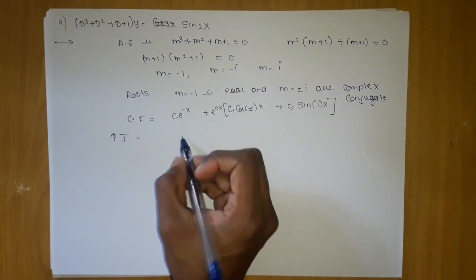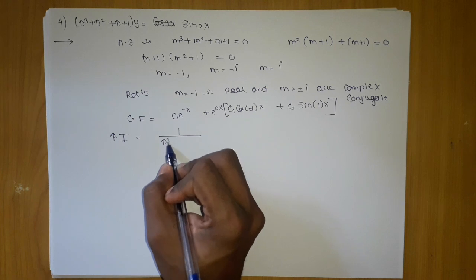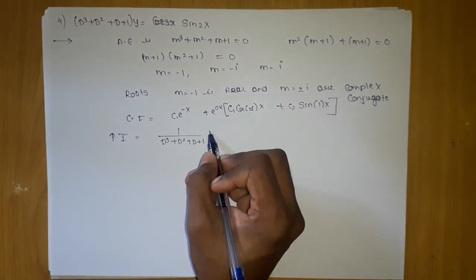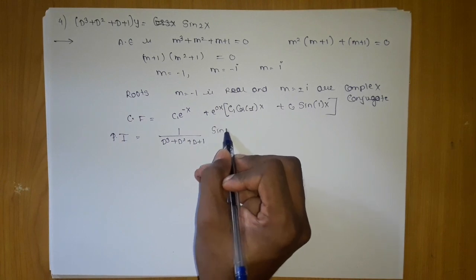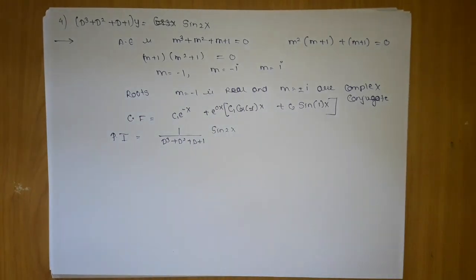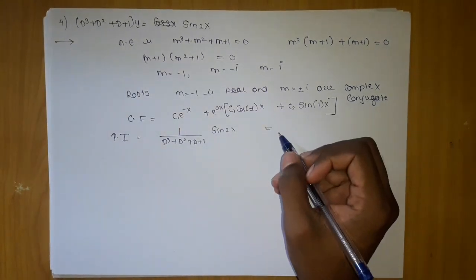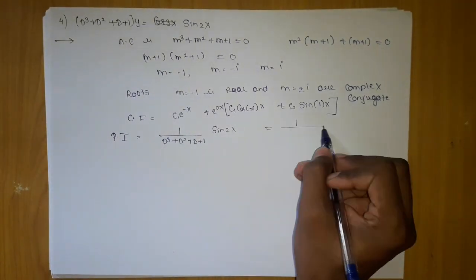The particular integral is 1/(D³ + D² + D + 1) sin 2x. We can replace D² by -a², but in D³ we are going to split it into D into D². So in one place we substitute -2², and in the other we keep it as it is.